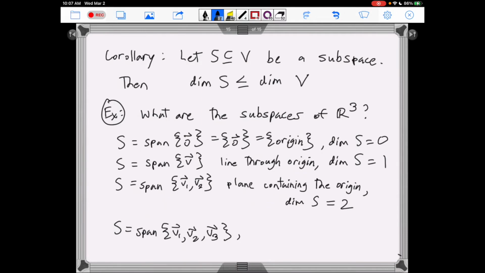Then you get all of R3. And so, of course, the dimension of S would be 3, because it's all of R3. So every single subspace of R3 has to be either the origin itself, a line through the origin, a plane that contains the origin, or all of R3. There are no other options for subspaces of R3.